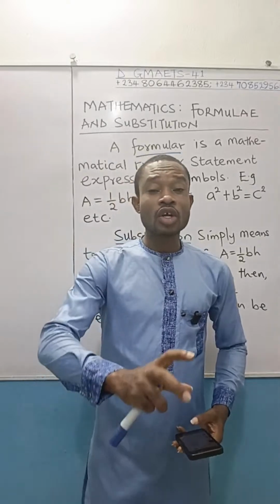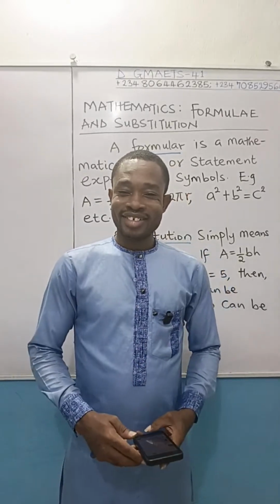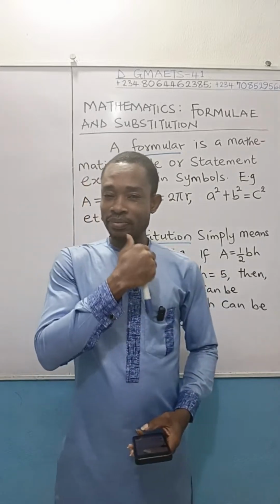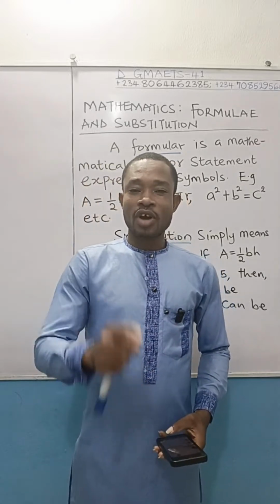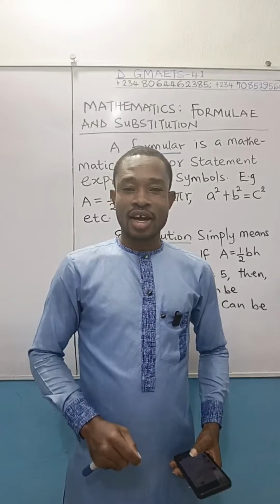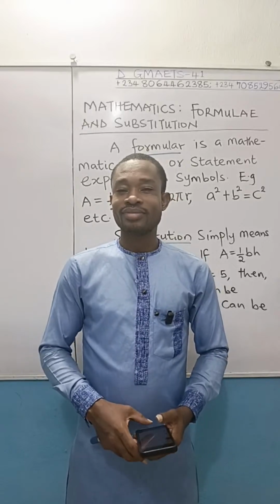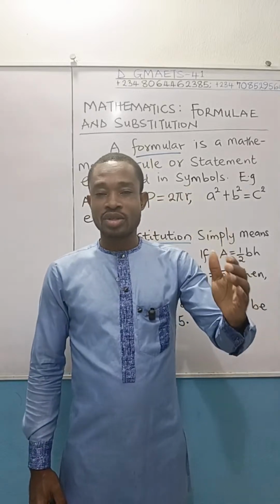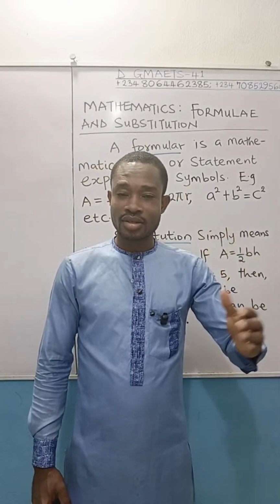Some of you, if not all of you, may have met this formula before. That is the formula for calculating area of a triangle. Area of a triangle is equal to 1 over 2 times the base times the height.